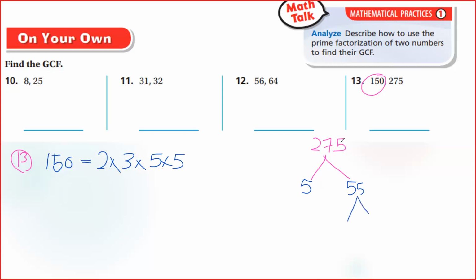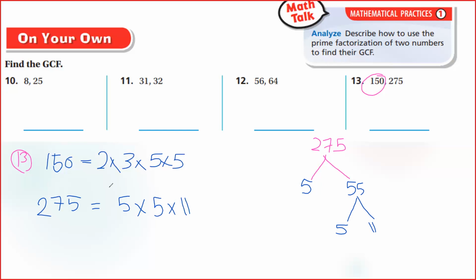Then what are the factors of 55? 5 and 11. Bravo. So the prime factorization of 275 is 5, 5, and 11.